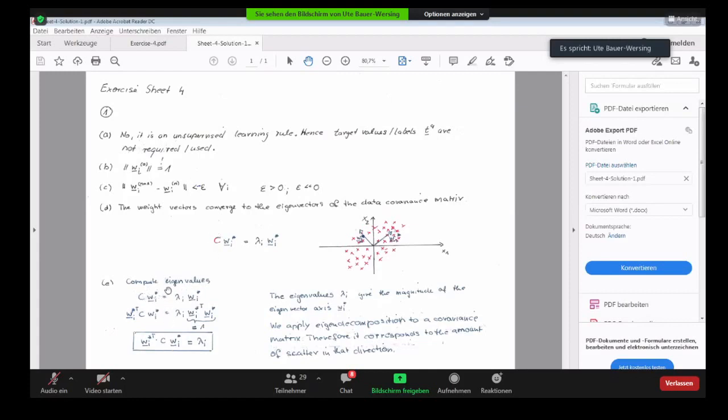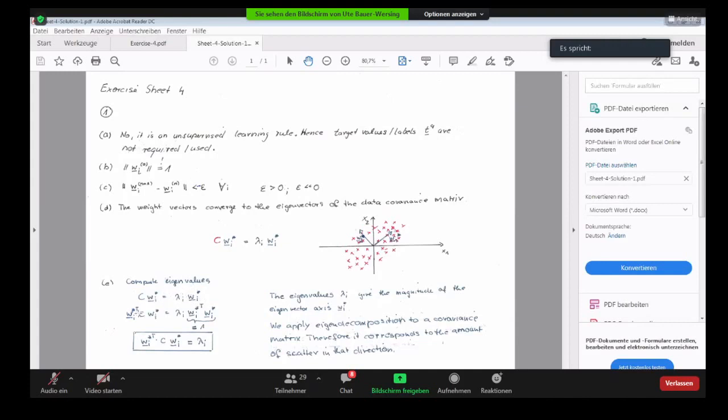So on the left-hand side here, you see how you can get the eigenvalues. This is the initial equation, right? What we solve is the equation that a weight vector multiplied with the covariance matrix equals the same weight vector multiplied by a scalar lambda.